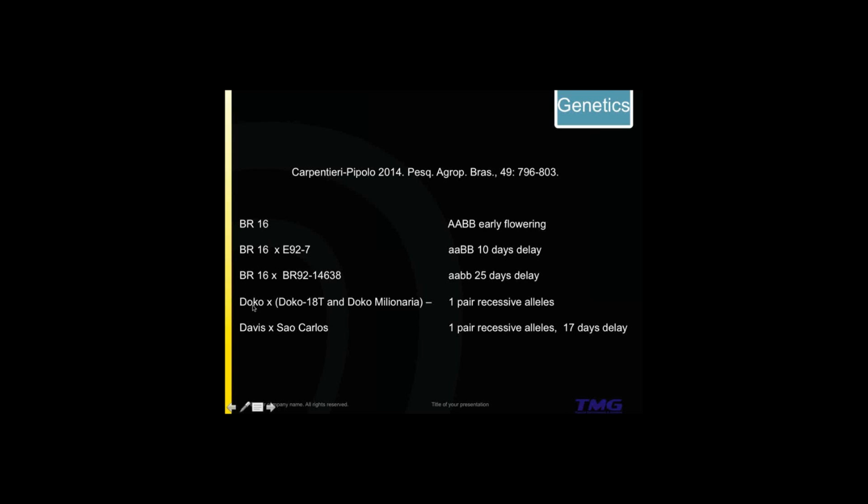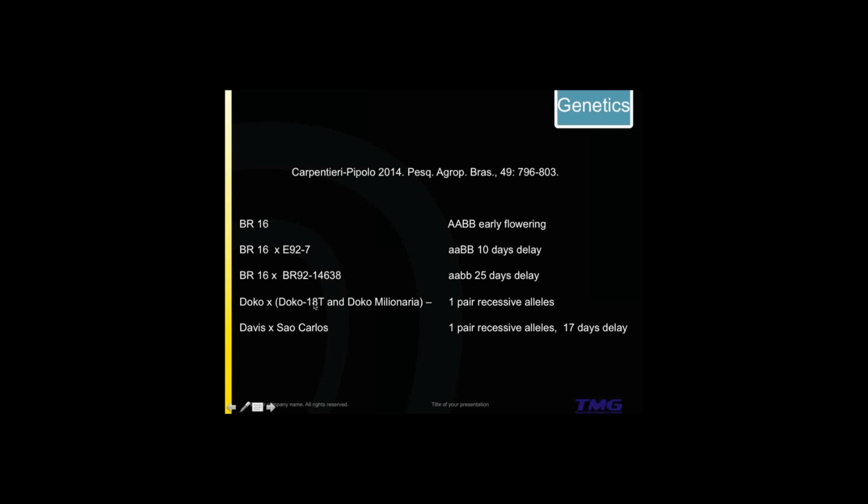Also, they have shown that DOCO, which is a conventional line adapted for central Brazil, may be a source for long juvenile genes for you guys in Africa, as it is a conventional material.